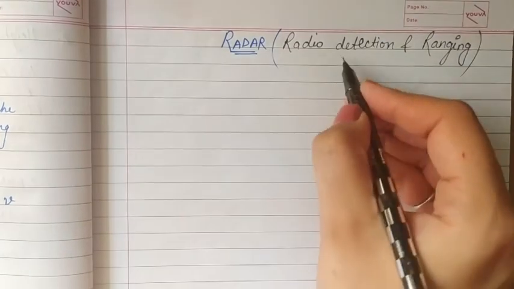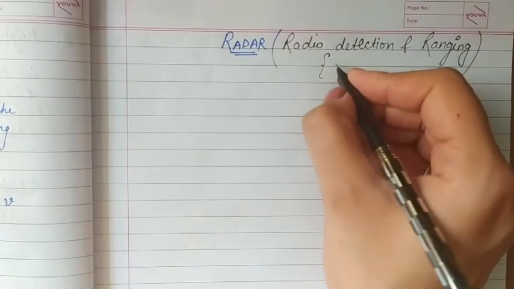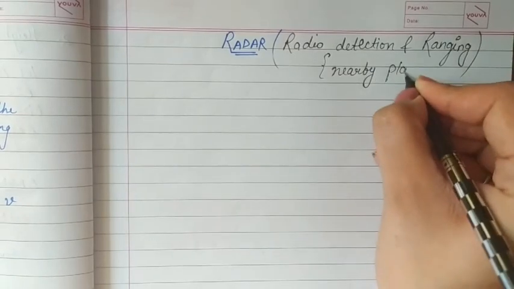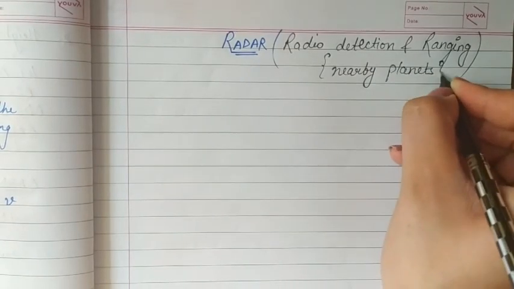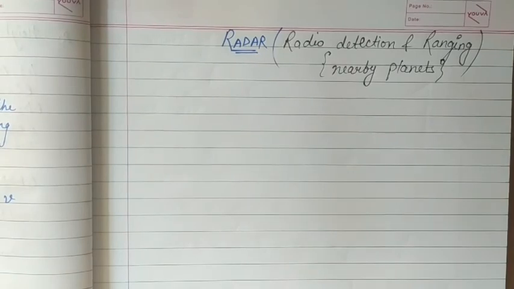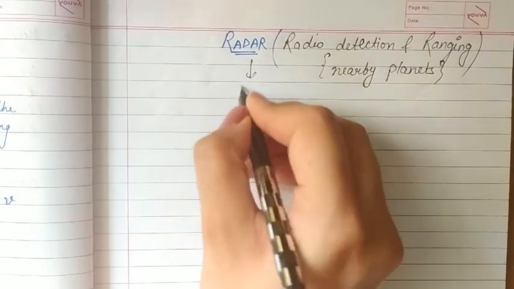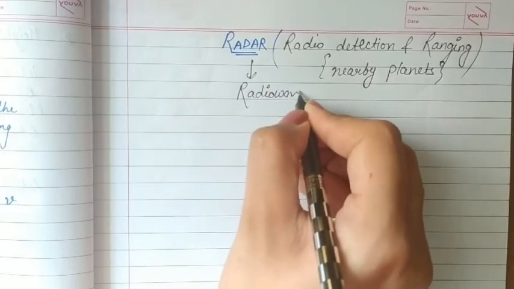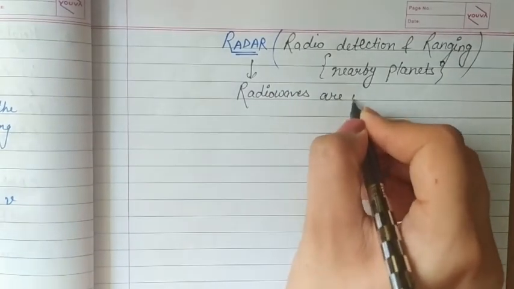Comparatively nearby planets के लिए हम इसको use करते हैं to measure the distance of nearby planets, and here we are going to use radio waves.